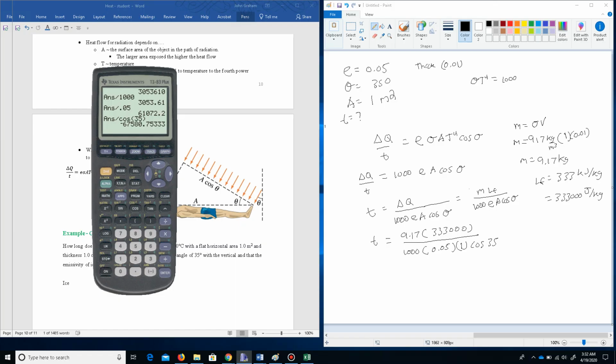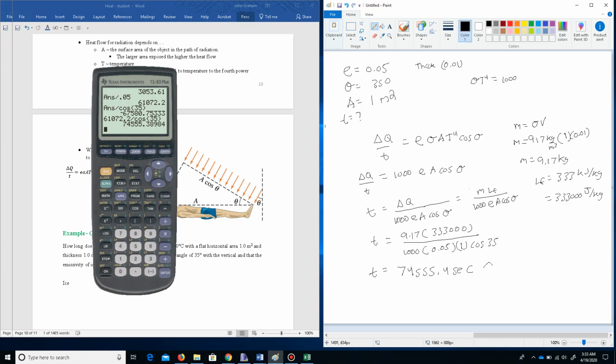Alright, so let's do this. Go up to this step here before I divided it. Now divide by cosine 35. There you go. So time is 74,555.4 seconds.